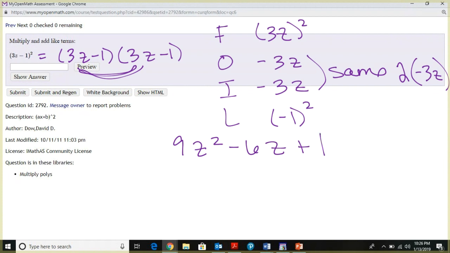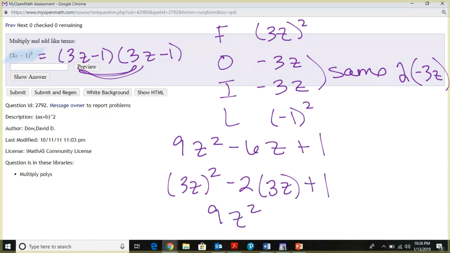So the shortcut, though, if you look over here at the original, it's just the first one squared, multiply the two things together and double it, and square the last one. So 9z squared minus 6z plus 1.